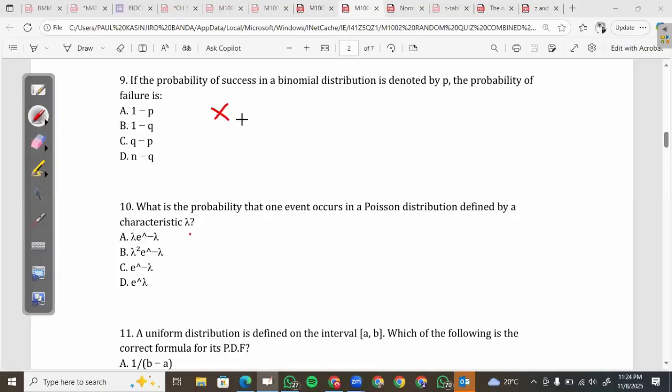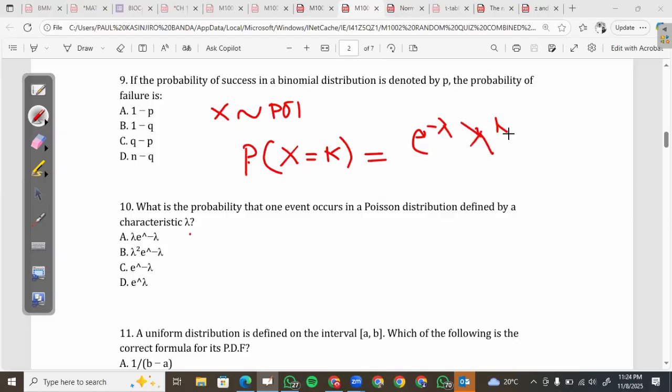So if I have X following a Poisson, then the probability that X is equal to a certain value K will be equal to e to the power minus lambda, and then lambda to the power K divided by K factorial. Now they're asking, what is the probability that one event occurs in a Poisson distribution? Meaning that wherever there's K, I put 1.